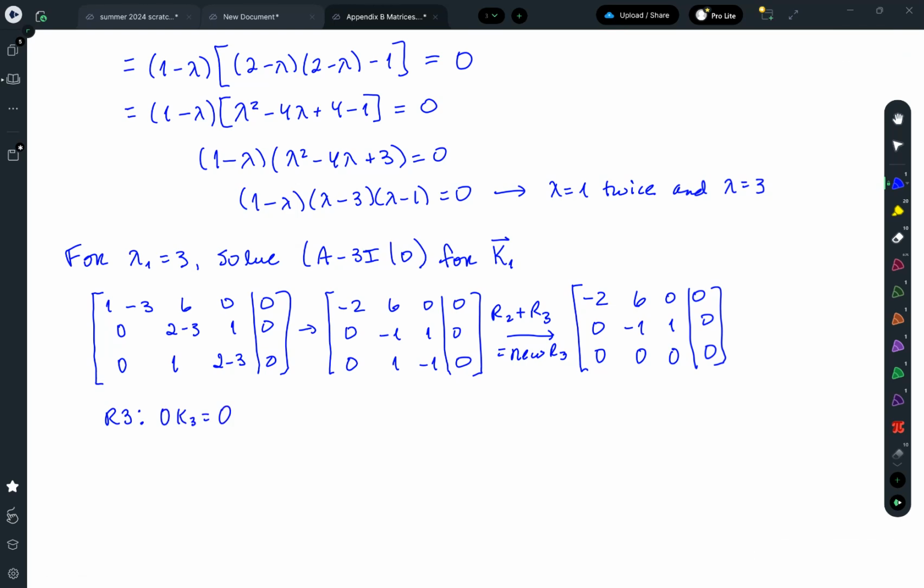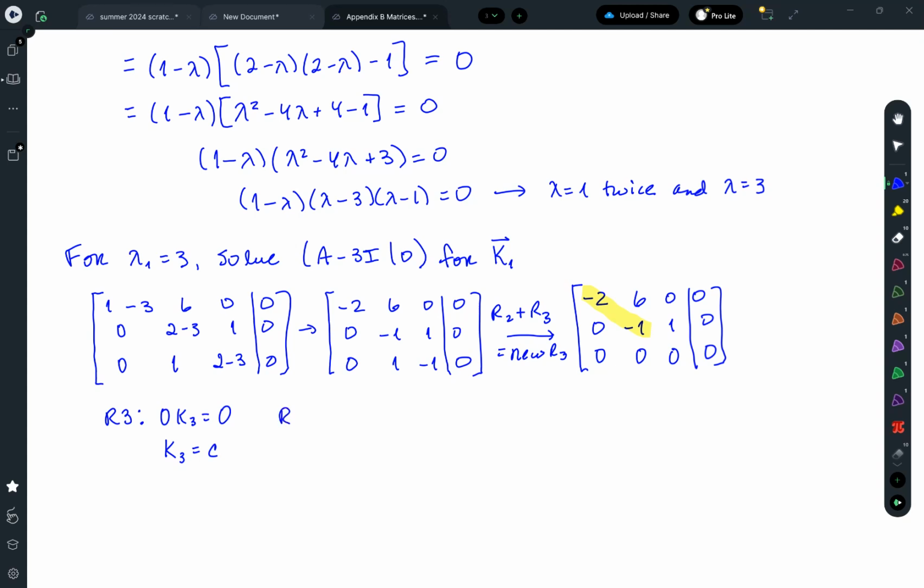That's what a row of zeros is saying. And that's mostly because I have elements in the other diagonal parts. 0 times k3 equals 0. What that means is that k3 can be anything. So I'll just say k3 equals k3. We can pick any number. I could say k3 is equal to c, okay?